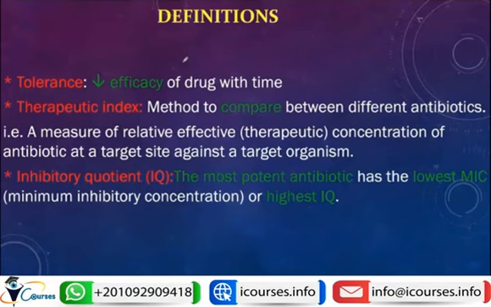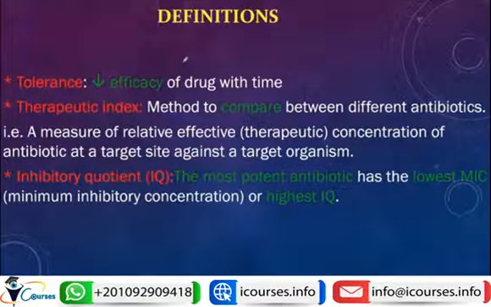Therapeutic index is a method to compare between different antibiotics. We can measure the relative effective or therapeutic concentration of an antibiotic at the target site against a target organism. This is called the inhibitory quotient, or sometimes referred to as the minimum inhibitory concentration.